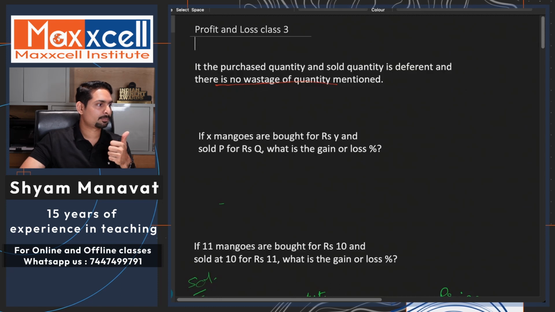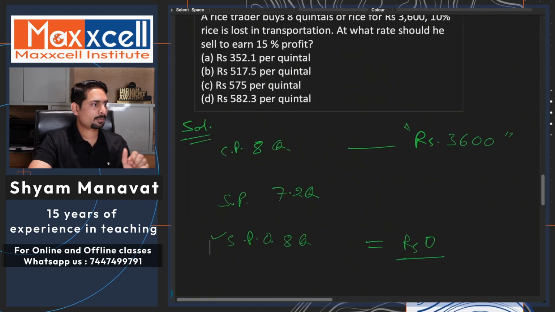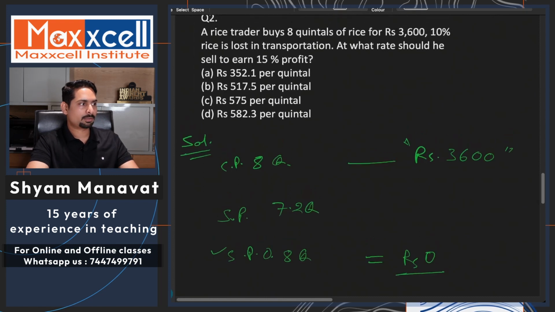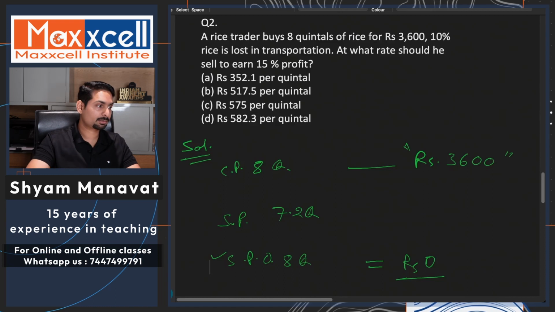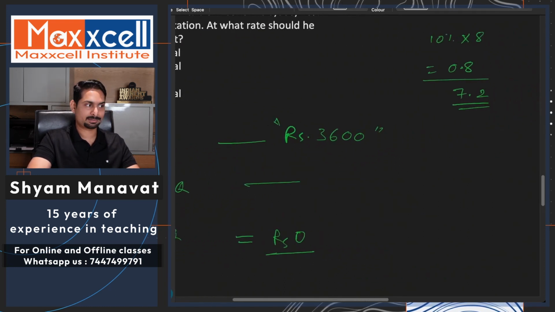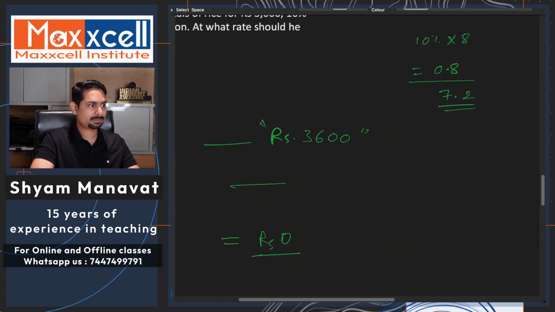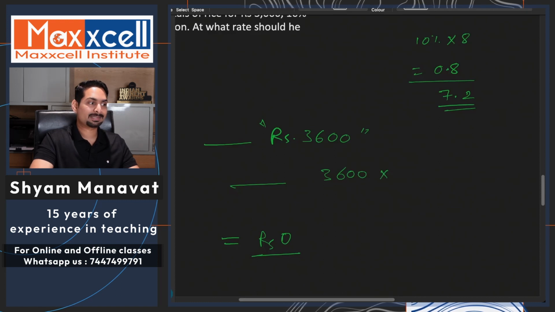Come back to this and focus on this question. How do we solve this? He wants to earn 15% profit over the cost price. Profit we calculate on the cost price. So what should be the selling price in this case? Now forget the quantity as of now. Look at the cost price. The cost price is 3,600, and on this he wants to earn a profit of 15%. Which formula do we apply?